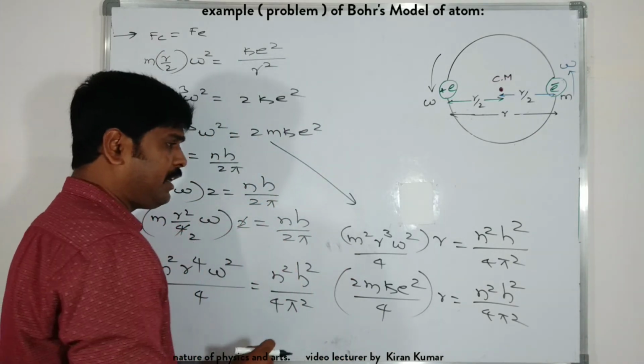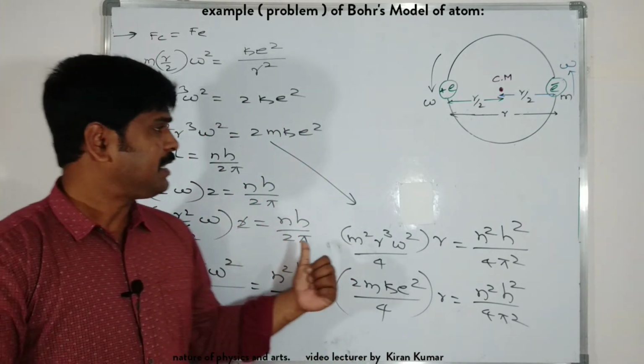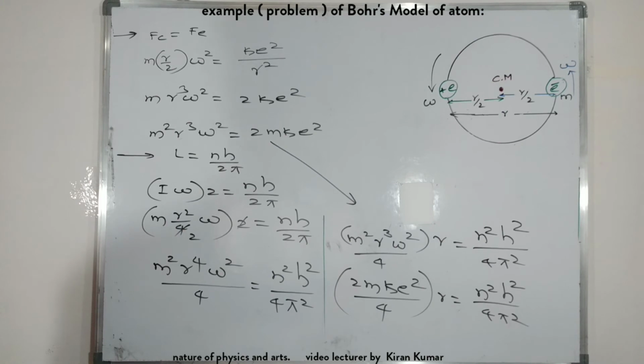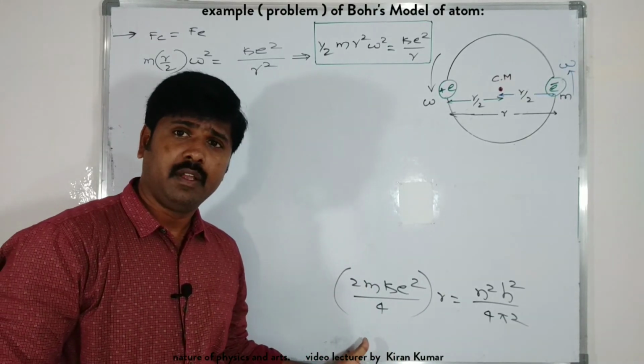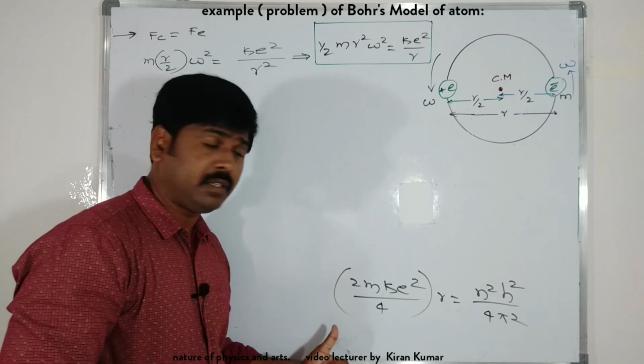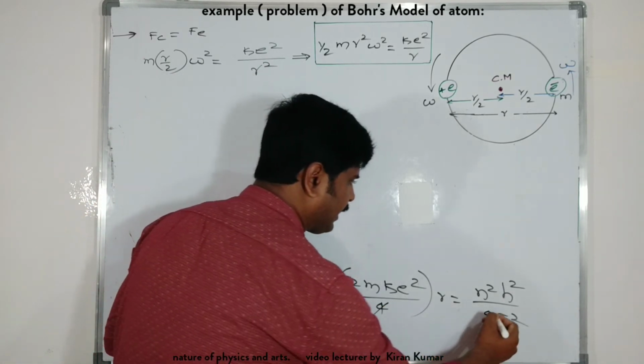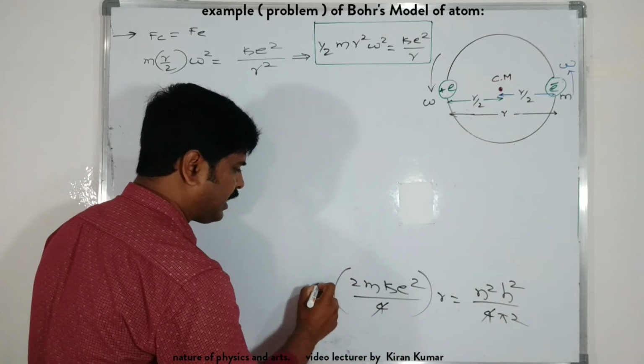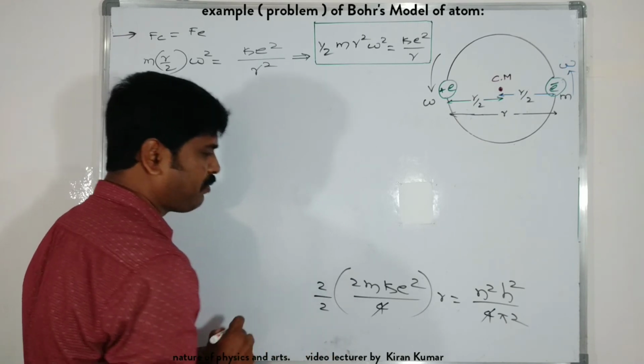Before going to that, please copy this. Here we got relation from this equation. Continuation, here 4 get cancel, and LHS side multiplying and dividing with 2.